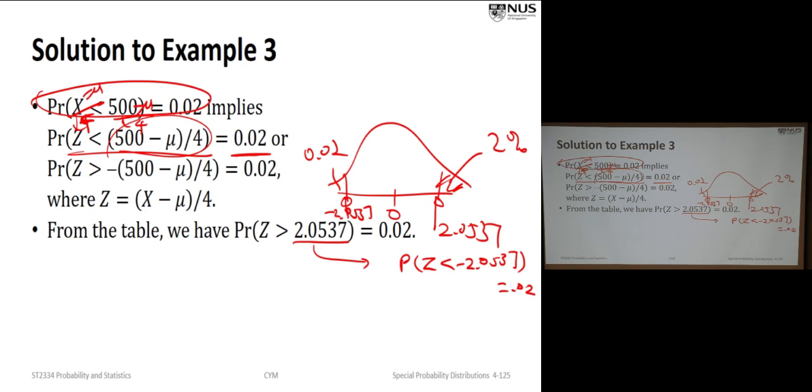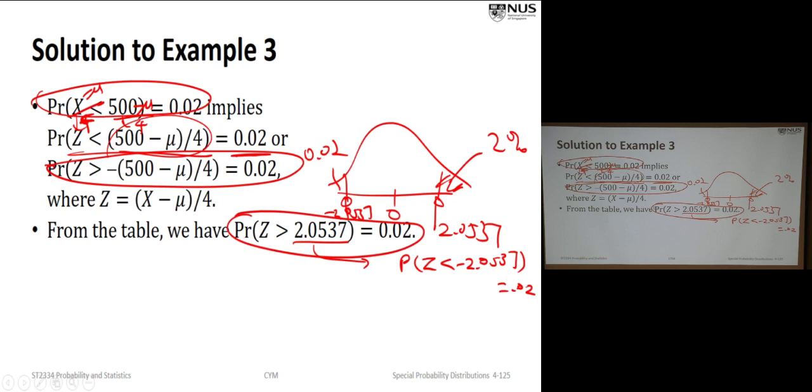So, compare this one and this one, right? In fact, this is how I set up the equation. I say probability of z greater than this expression is 2%. On the other hand, I also know that from the table or from your calculator, probability of z greater than 2.0537 is 2%.